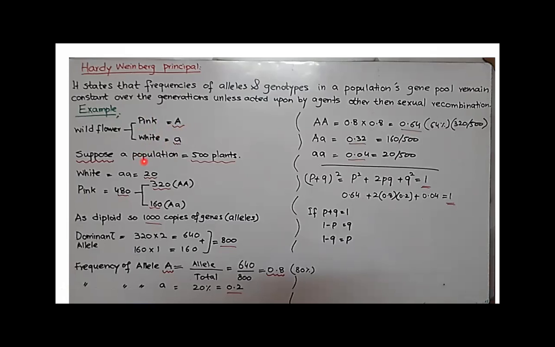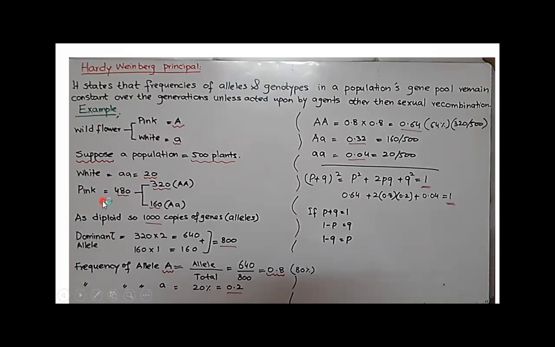Suppose we have taken a population of 500 plants. Of course, the white color can express itself only when it is homozygous recessive. The white ones are 20 in number.